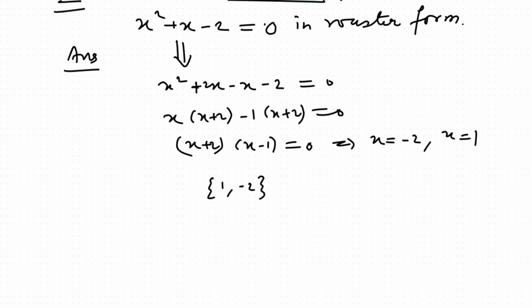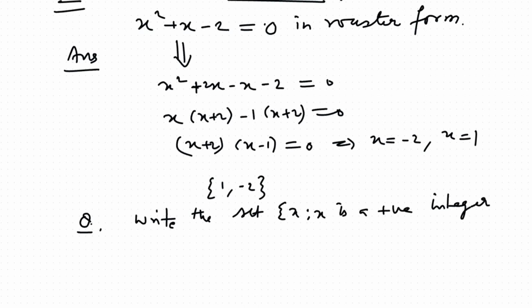Also, let us take another question. The question says, write the set of x such that x is a positive integer and x square is less than 40 in the roster form.